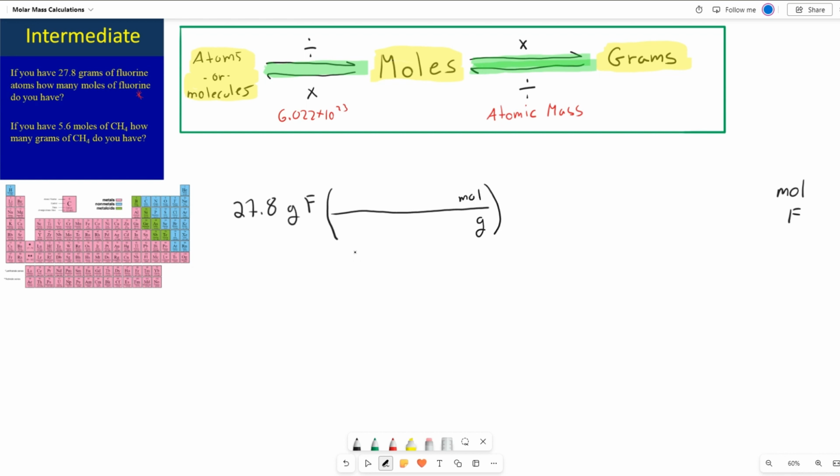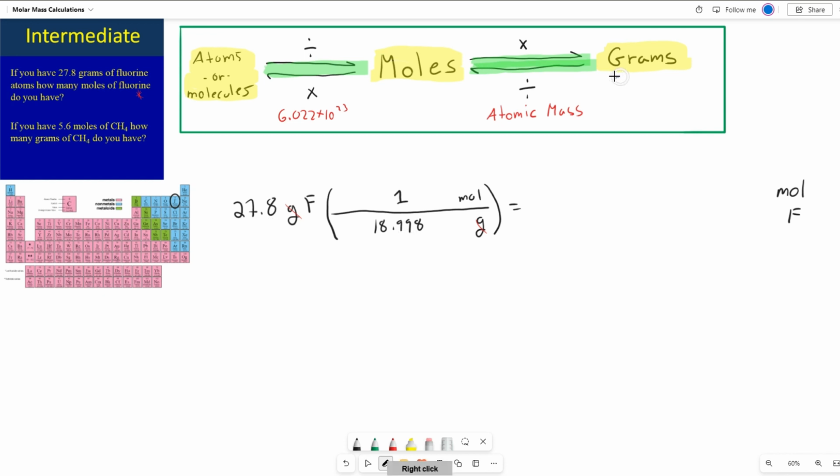And fluorine, if you look on the periodic table, has an atomic mass of 18.998, and that's grams per mole. So we have it set up so that grams and grams are diagonal, so they will cancel out. And when we do this, you can see that you are taking the mass, the grams, and you're dividing by the atomic mass.